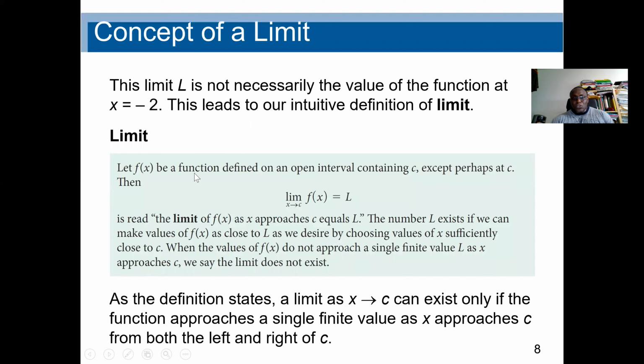So now let's go into more detail on the definition of a limit. Here we have lim, which again stands for limit, of f(x) as x approaches c equals L. This is how we read a limit function.